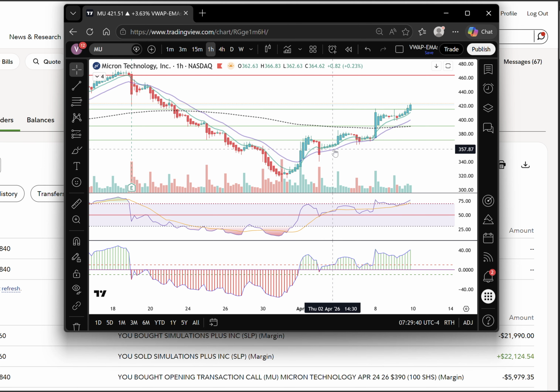The slower line is at the bottom, and the green line is the shorter EMA. I believe it's 9, and the bottom one is 21-day EMA, and this black line is 200-day EMA. So that's my setup generally, and at times I use VWAP as well.